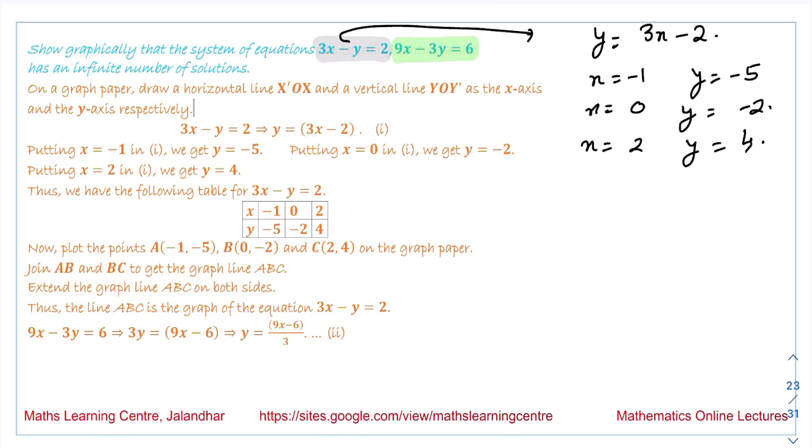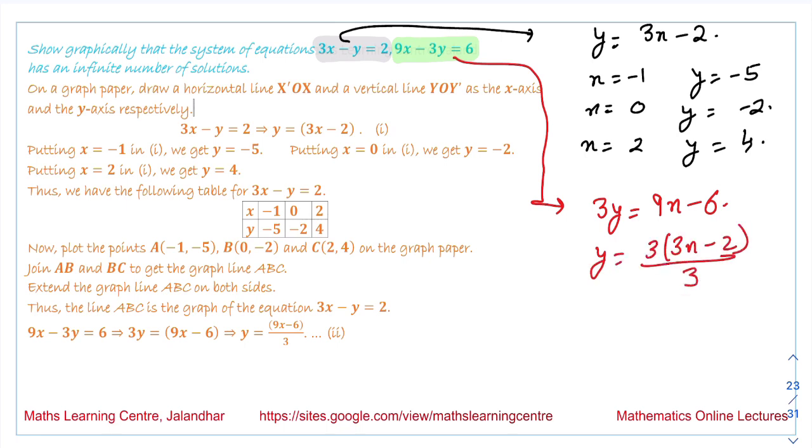When we are talking about the second equation, from this equation we have 3y is equal to 9x minus 6. So we get y is equal to, taking 3 common, 3x minus 2 over 3. These two get cancelled, and the value of y we have is 3x minus 2.